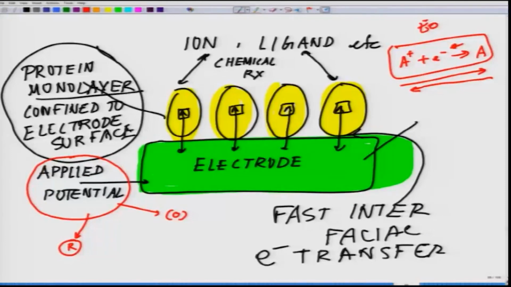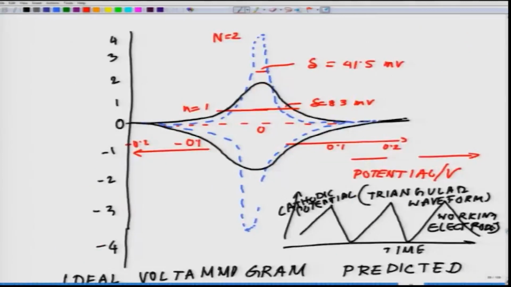So, such proteins, you can study their electron transfer, how many electrons are getting transferred, and at what potential they show those traces. You can use a cyclic voltammetry technique, where you are measuring the current based on the applied potential, and you are giving a cathodic potential, something called a triangular pulse.